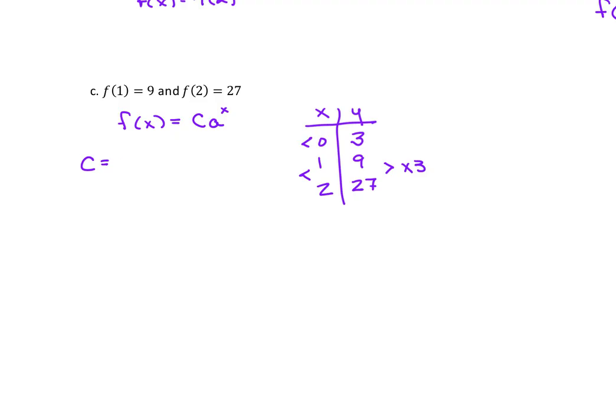Our y-intercept is 3. Our base multiplier is also 3. And so our equation is going to be f of x equals the first 3, the c value, and our a value is 3, so we get 3 times 3 to the x.